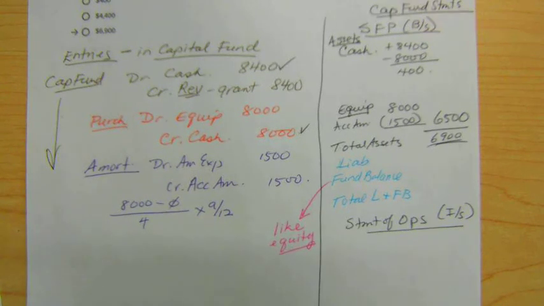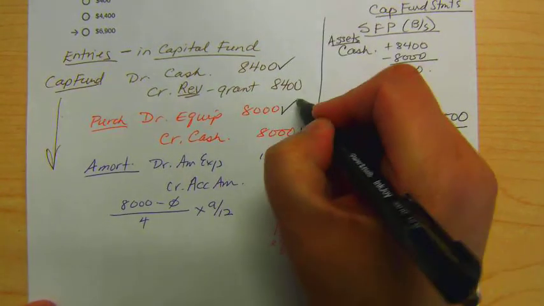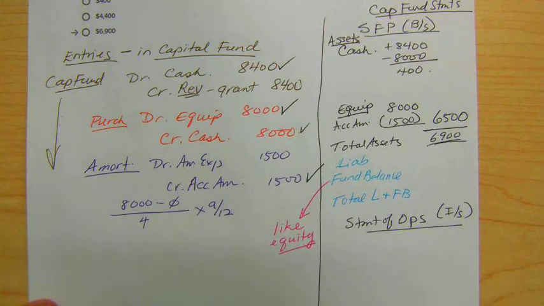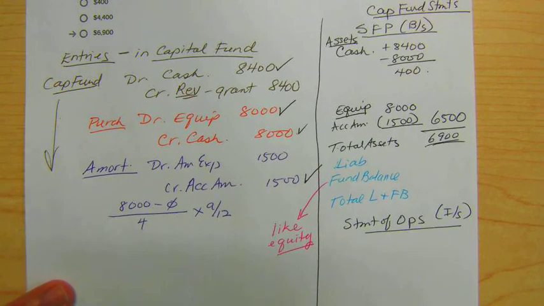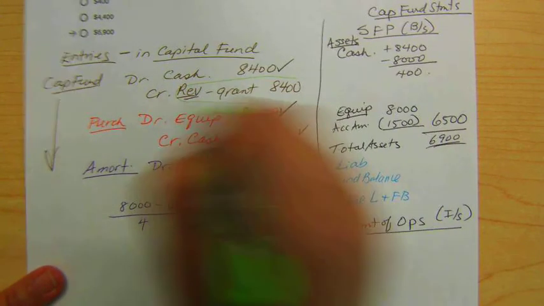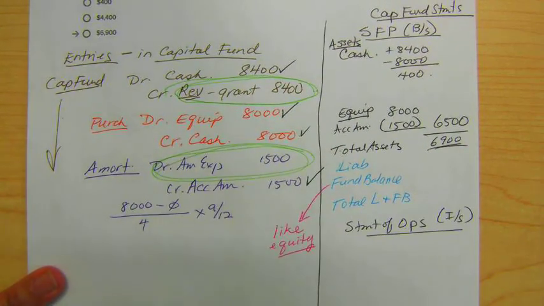Oops, I forgot to check off our equipment and accumulated amortization. So what we have left right now is revenues and expenses.